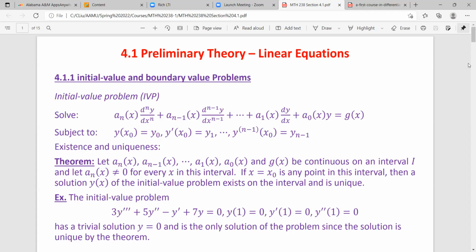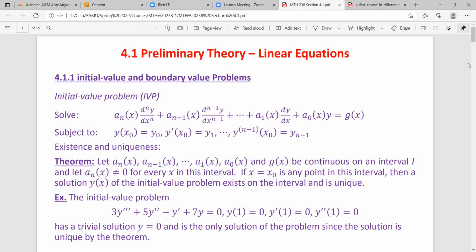if you want the interval, in this problem, this interval I will be from negative infinity to positive infinity, because all of the coefficient functions and the g of x, which is 0 in this problem, are continuous on the whole real line.